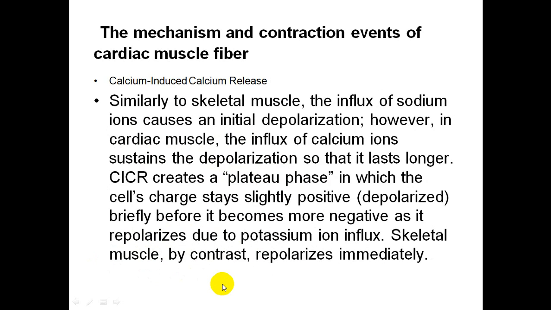Similar to skeletal muscle, the influx of sodium ions causes an initial depolarization. However, in cardiac muscle, the influx of calcium ions sustains depolarization. That is what is called a plateau, in which the cell charge stays slightly positive, depolarized, giving more time for filling of the heart.